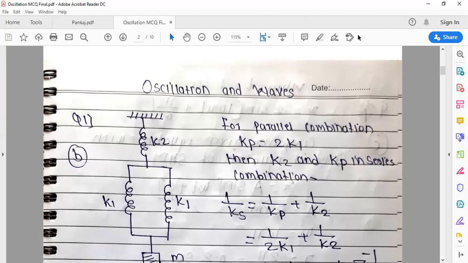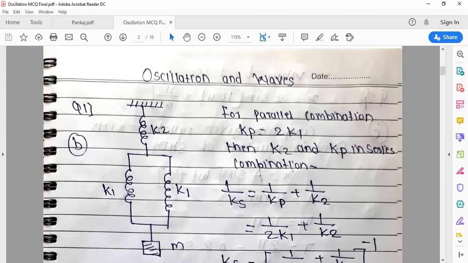The first question, the figure is given. Three springs are there. Two springs with spring constant K1 are parallel to each other, and this parallel combination is connected with another second spring with spring constant K2.